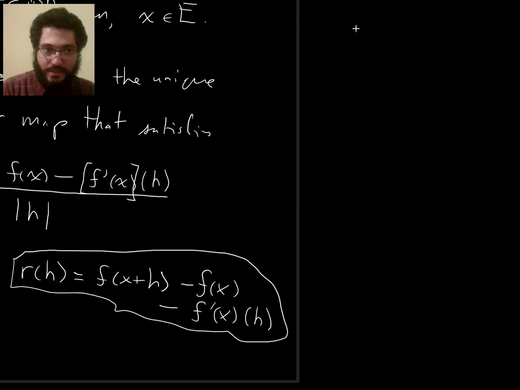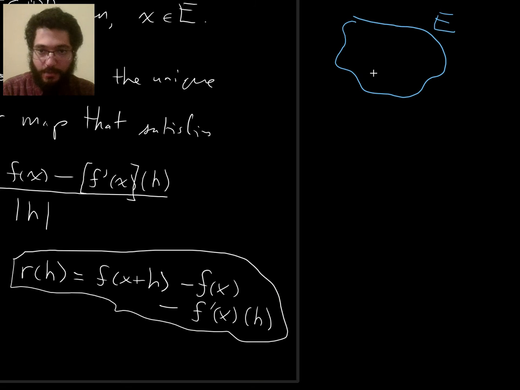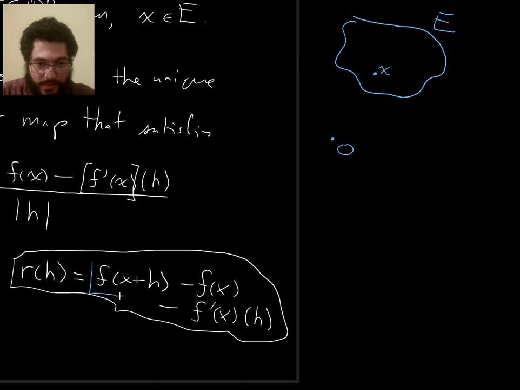So the domain of f is some set E in Rn, right? And we've got a point x in there somewhere. And we don't actually know where the origin is, but let's just say it's over here. It doesn't need to be a point in E. Then if you look at r, it involves this f of x plus h, right?